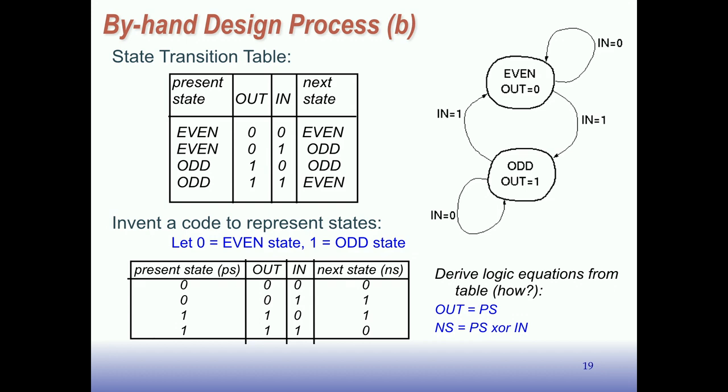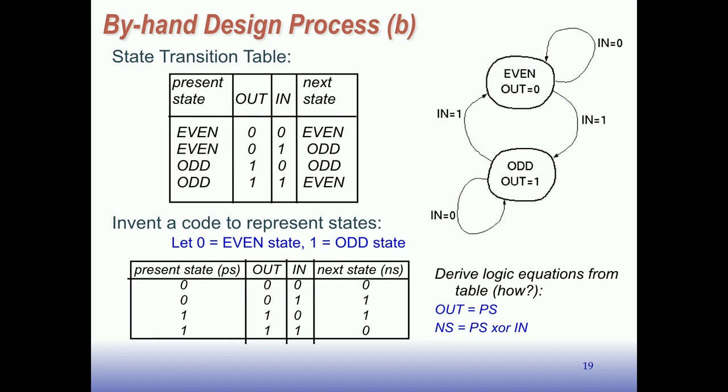All right. Once we have that in tabular form, we need to invent a code to represent the states. And this is where we have some choice. Our choice of code will have some effect on the simplicity of the circuit. We'll talk more next time about optimal ways to think about choosing codes.